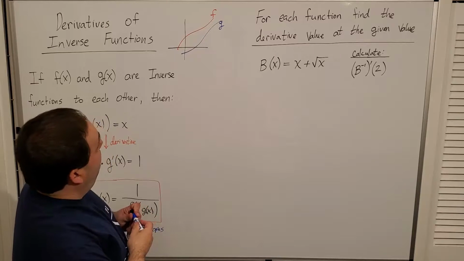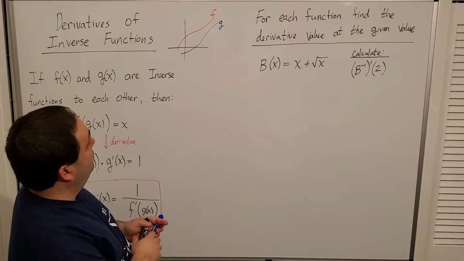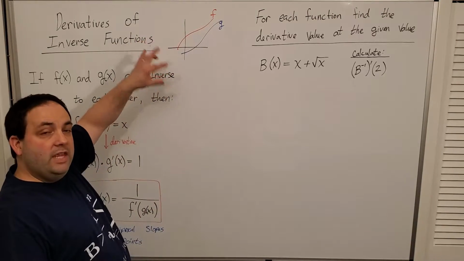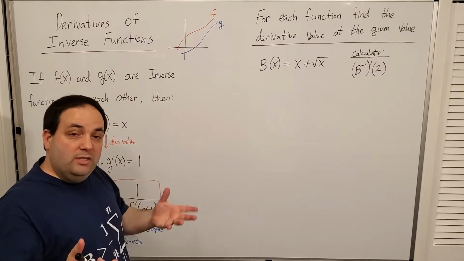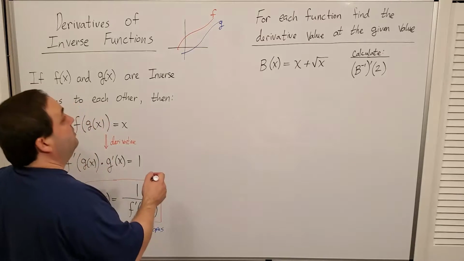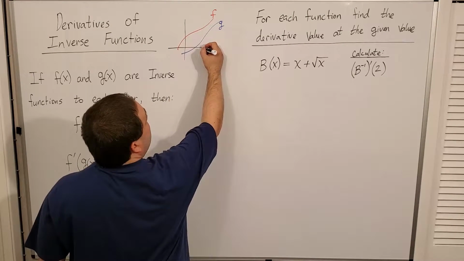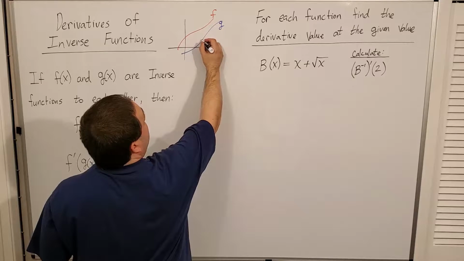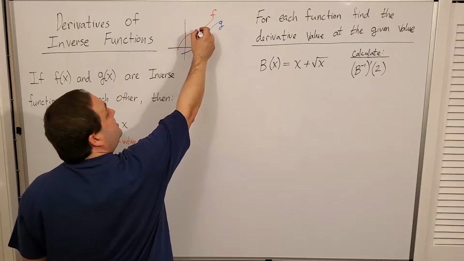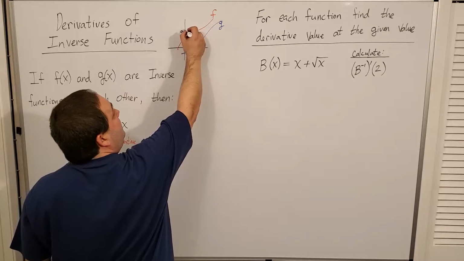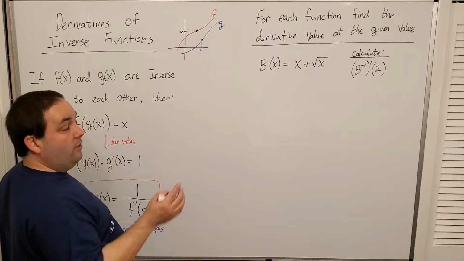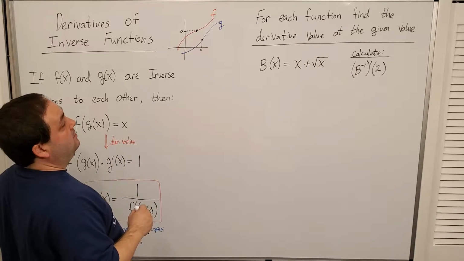The corresponding points that the derivative will be reciprocals at are the points where both functions have the input and output swap because they're inverses, right? So in other words, if I pick some value a for g, okay, then that same value of a is an output for f. Okay, they're inverses. They're supposed to be swapping these.